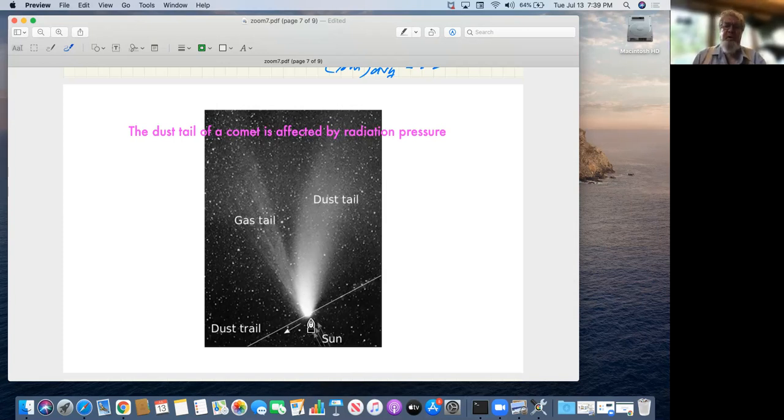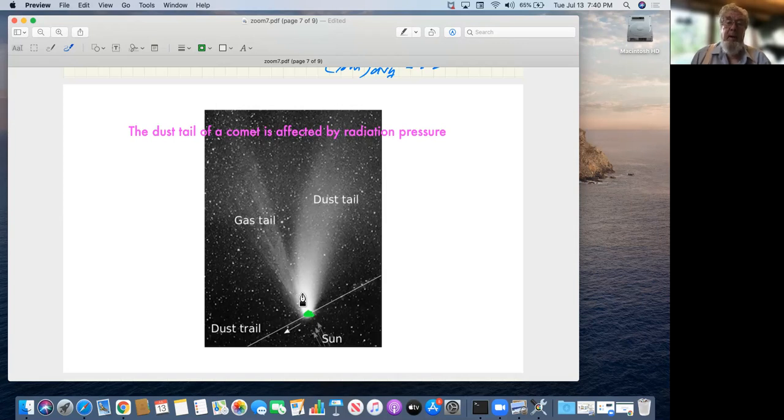The comet itself is a little tiny thing here. But the light is a very large thing, which comes from the materials that have been boiled off the comet by the heat of the sun.